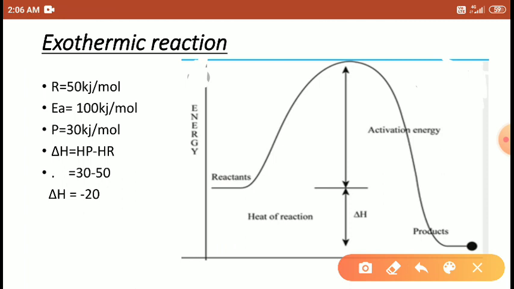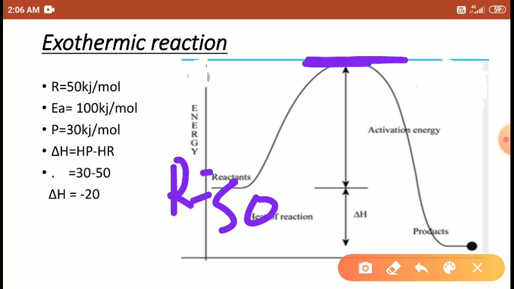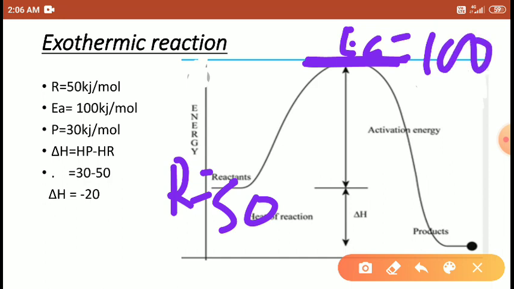Once again, students, the reactant particle has the energy 50 kilojoule. If it reaches the activated complex state having the energy 100 kilojoule, how much extra energy is required? Already it has 50 kilojoule.